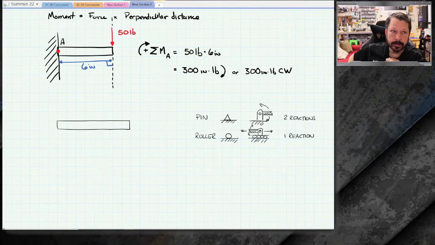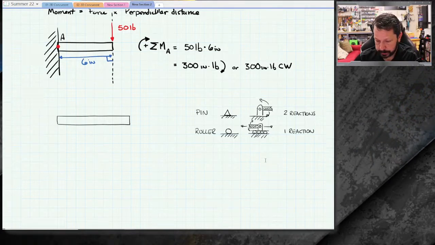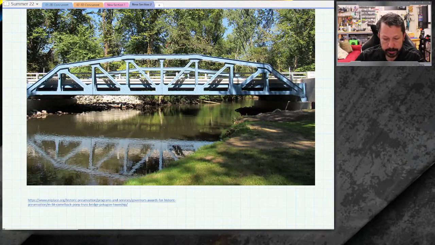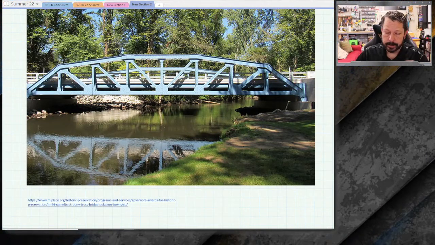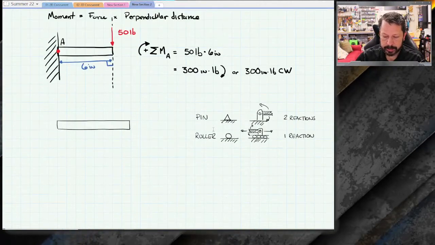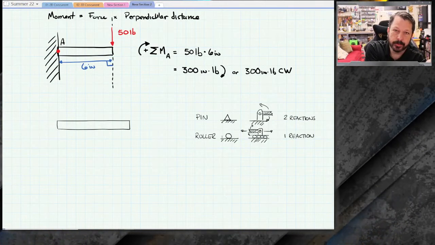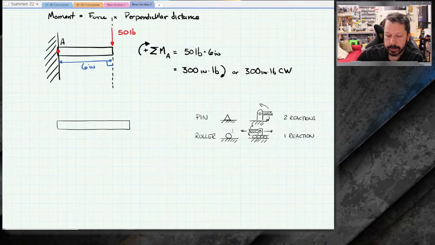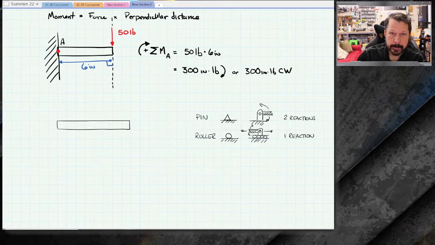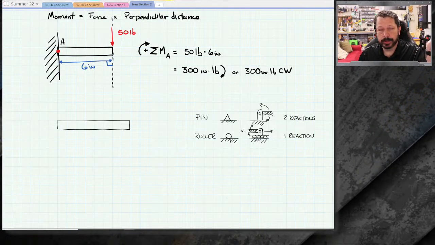So even in an actual bridge like this one, there is some room for it to move around, to change length. And so we model that room, even if there's not an actual piece that's on a roller skate somewhere, we model it as a roller somewhere. It may not be that one of the supports is really a roller.